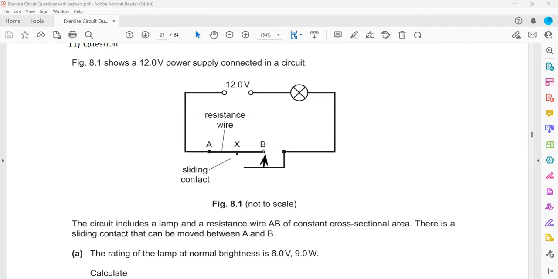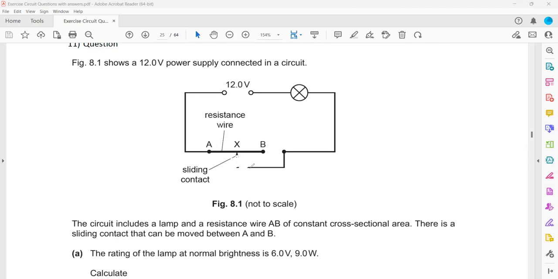In the beginning, when it was exactly at the center, we were using only half of the wire, so A to X had a length of 2.5. But what happens when we move the sliding contact more towards B?